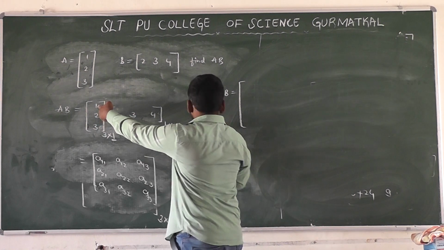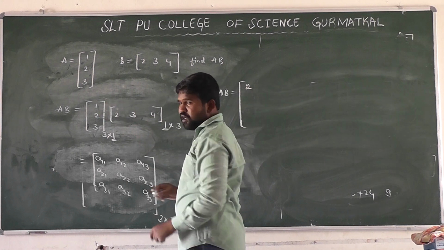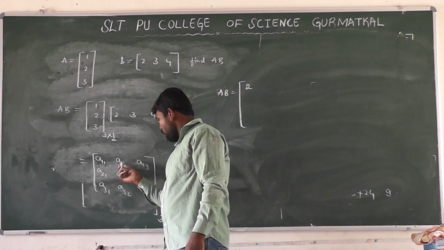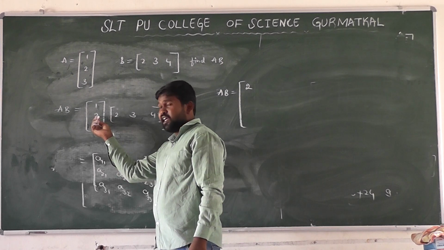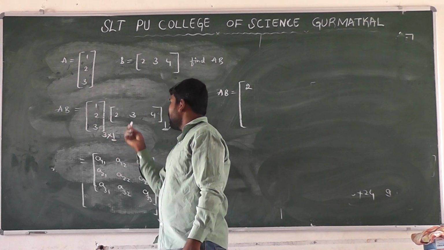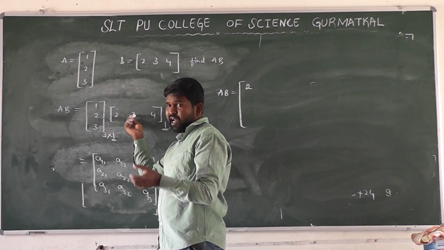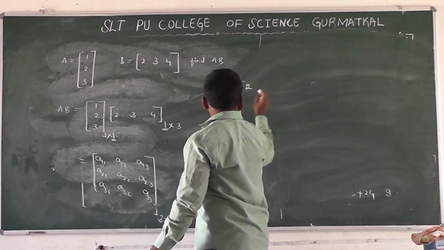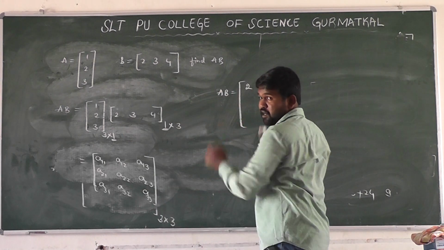1 into 2, how much? It's over, right? First row, first column. Next is this one: the first row element of the matrix A into the second column element of the matrix B. We have to multiply and we get a sum. 1 into 3, how much? You don't get a sum here, right?